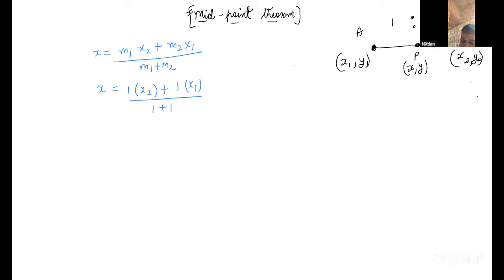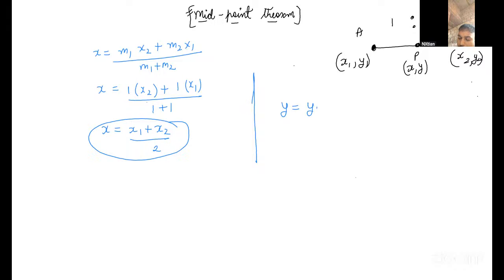So the value of x will be x1 plus x2 by 2. When it is a midpoint, the value of m1 and m2 become 1 and 1, and the formula becomes x1 plus x2 by 2. In the same way, the y value will become y1 plus y2 by 2.